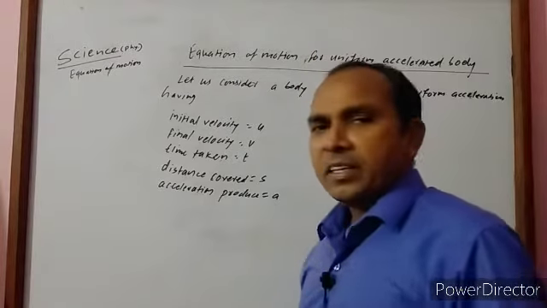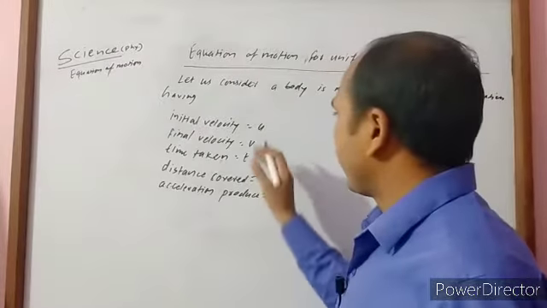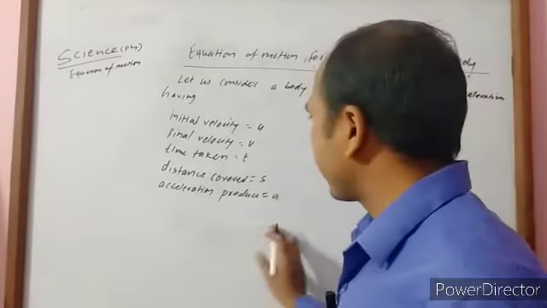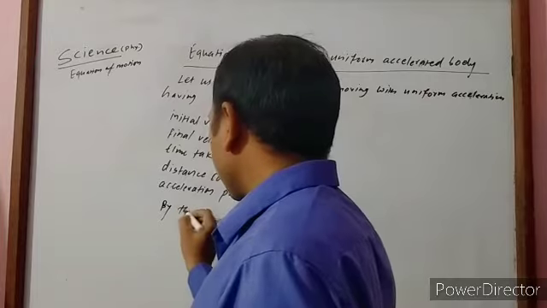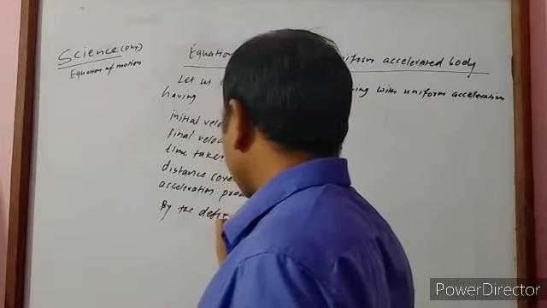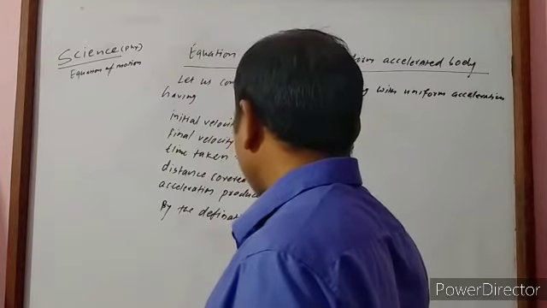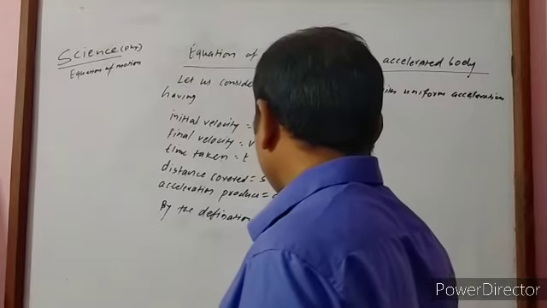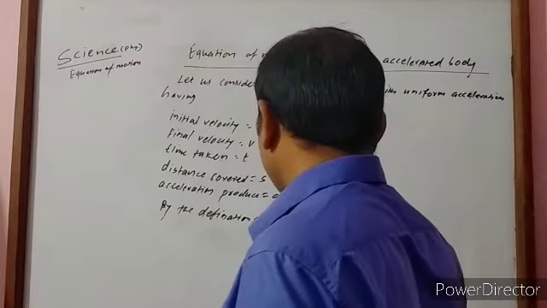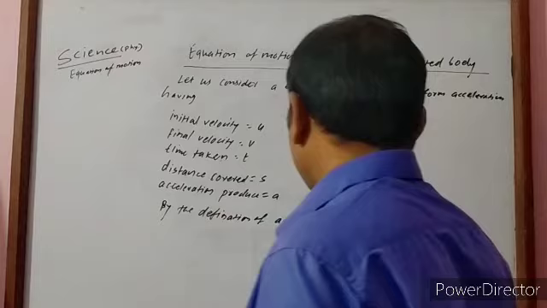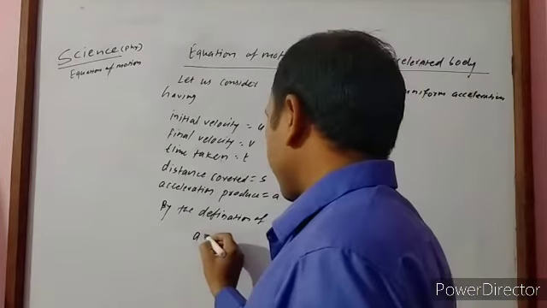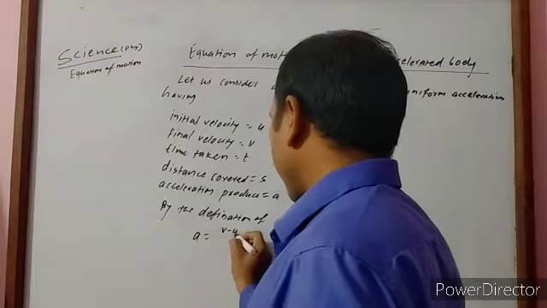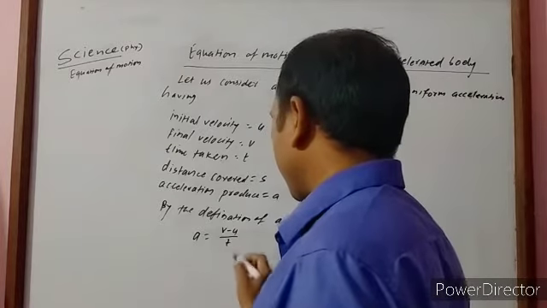Then how we can calculate the different things? By the definition of acceleration, we already know a is equal to v minus u by t.